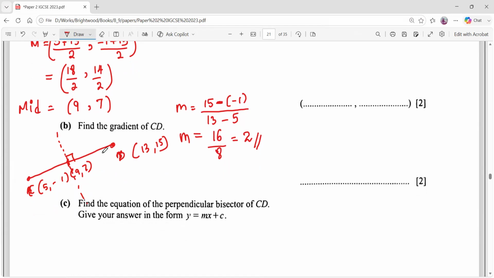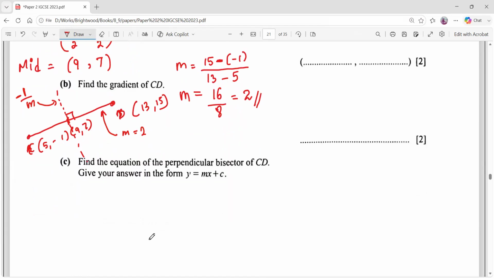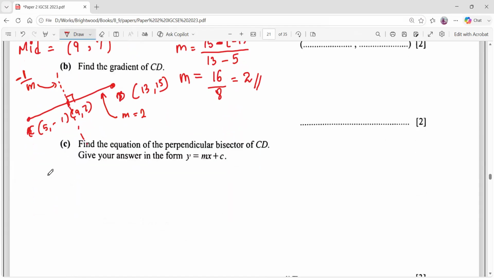The gradient of this line is m, equal to 2. What should the perpendicular gradient be? Let me call it m dash. It is 1 over the gradient, 1 over 2, but the sign should change.